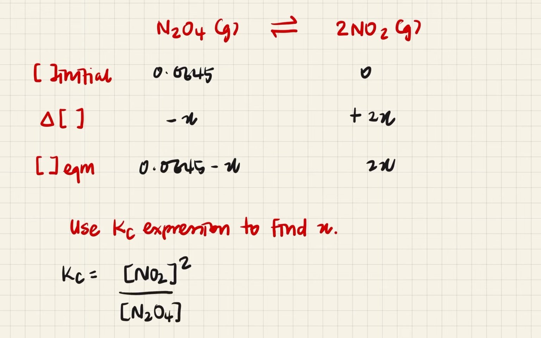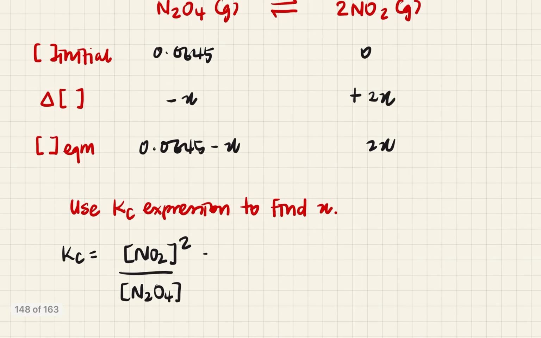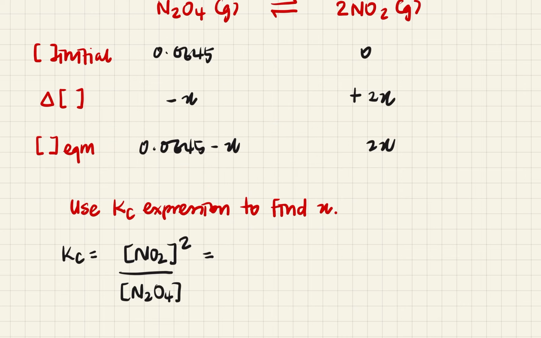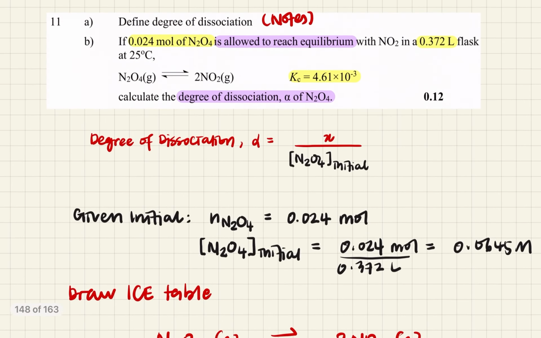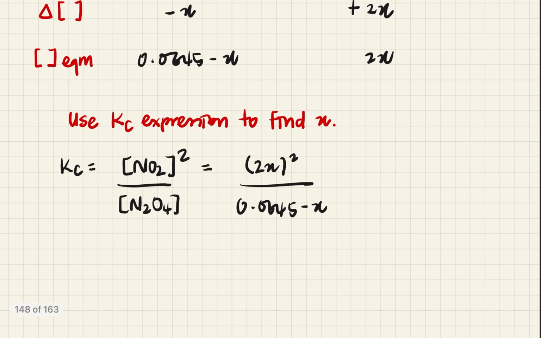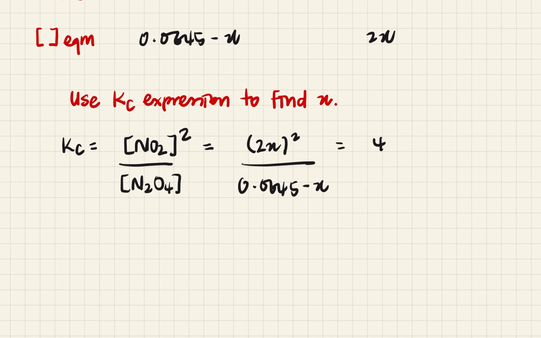Alright, so just put in these values here. NO2 will be 2x squared over 0.0645 minus x. Equals what? Your Kc is here, 4.61 times 10 negative 3.